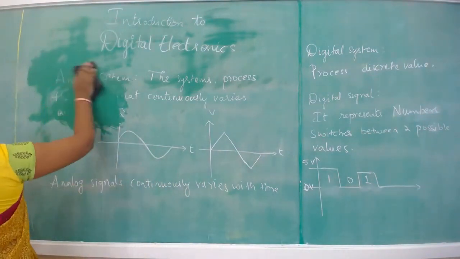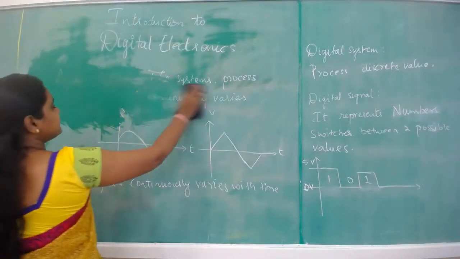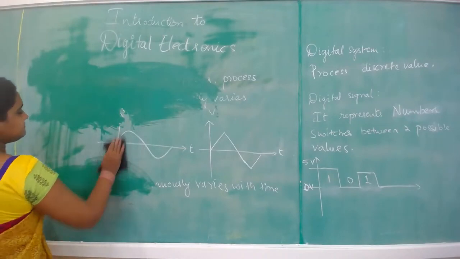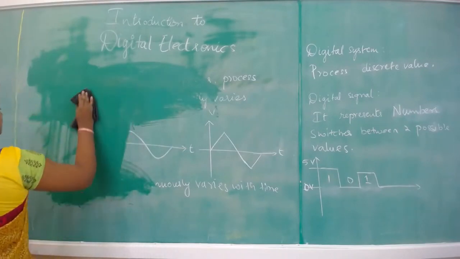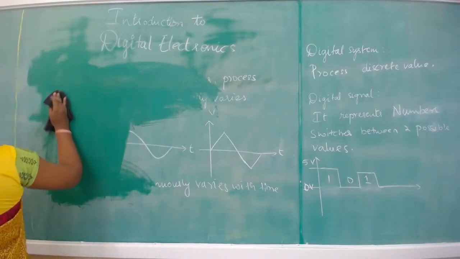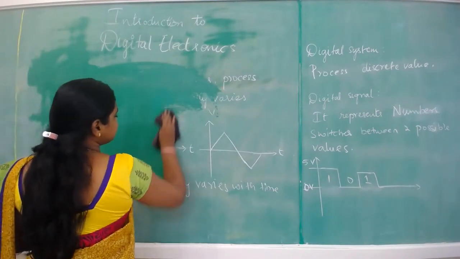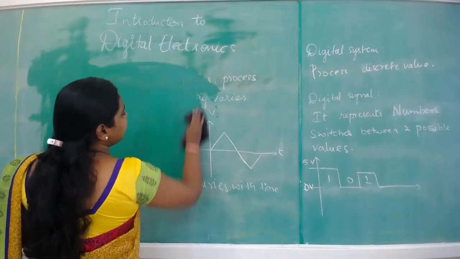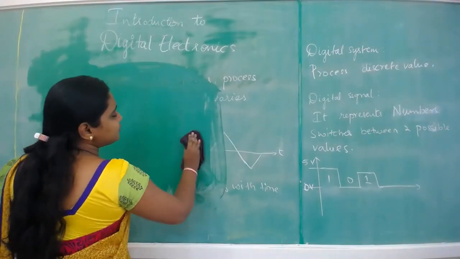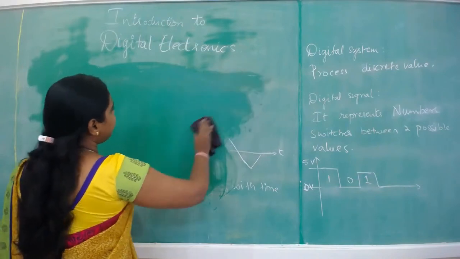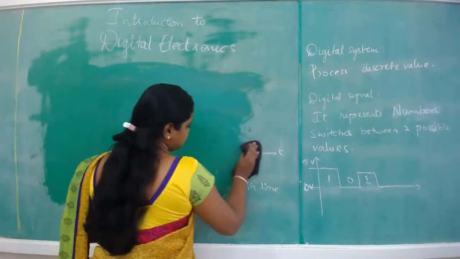This is about analog systems and digital systems. I have given you many differences between analog and digital: continuously varying and discrete. It will process only discrete values, with different voltage levels.